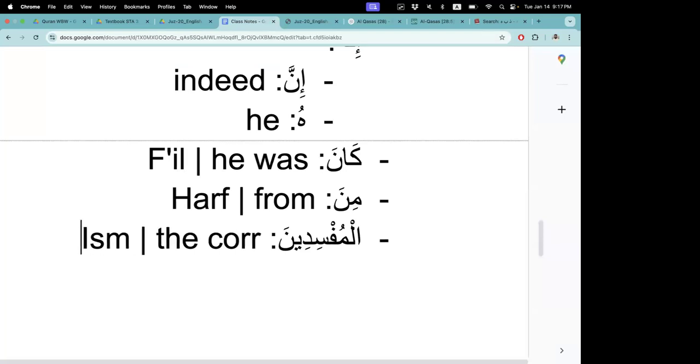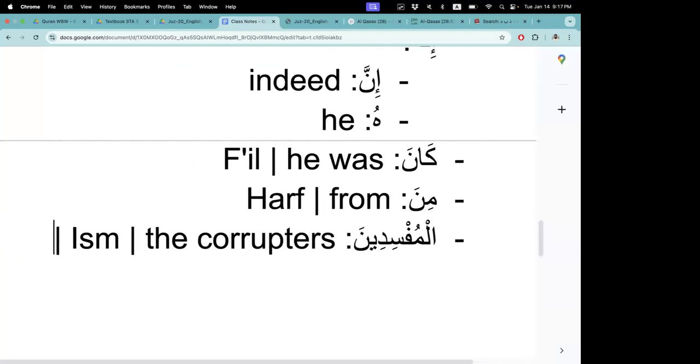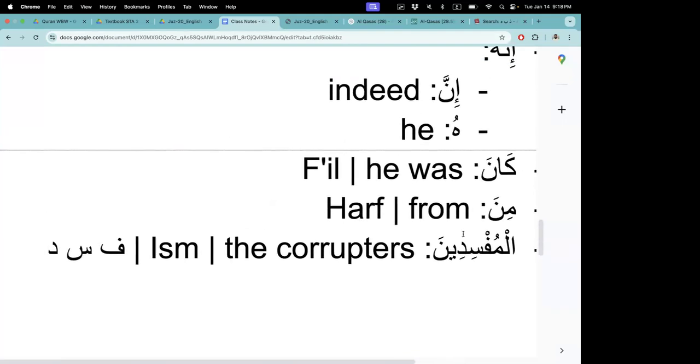Not that I like them, but the word is easier to write, corruptors. Okay? And the root letters here are fa, sin, and dal. From that, you can think of the word fasad, right? Fasad is corruption. From that, you get mufsid, the one who causes corruption. Okay, innahu kana minal mufsidin.